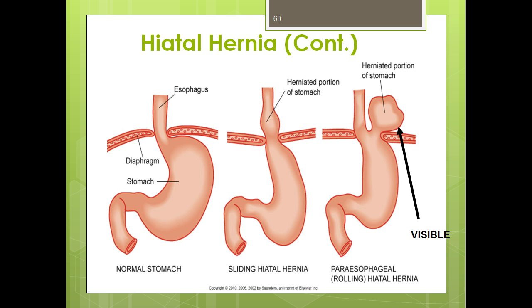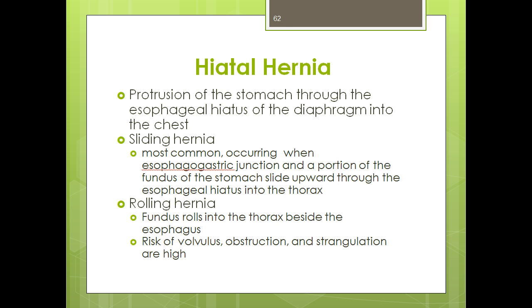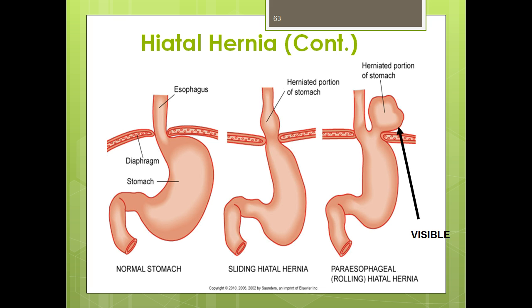Here is a diagram which basically shows a comparison of the normal stomach, and then it's showing you a herniated portion of the stomach in a sliding hiatal hernia, and then the rolling hiatal hernia where it's really visible to see the herniated portion.